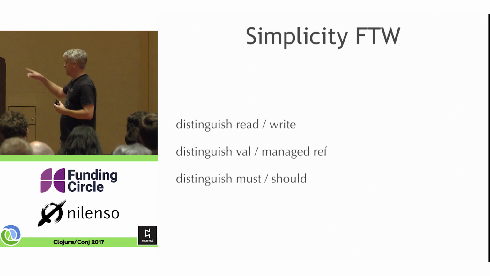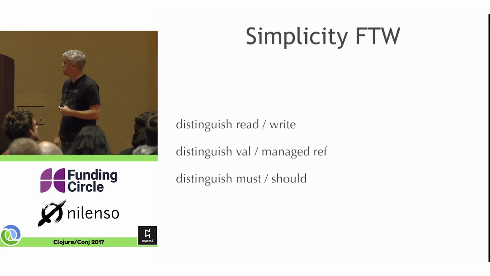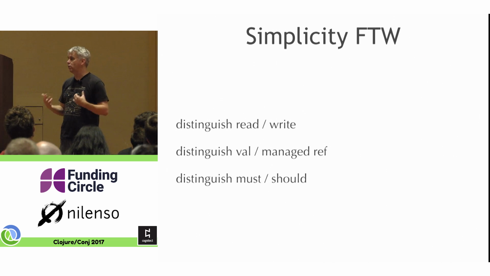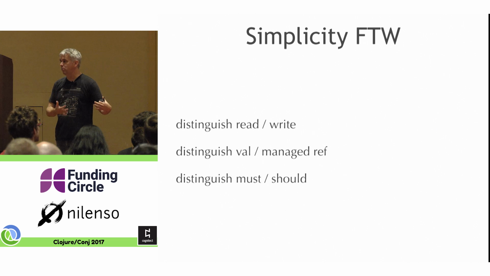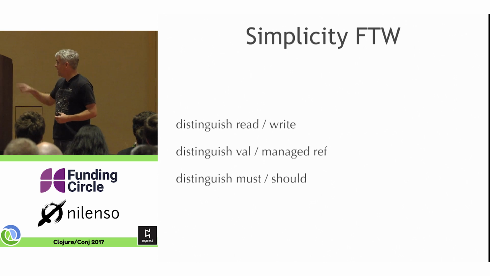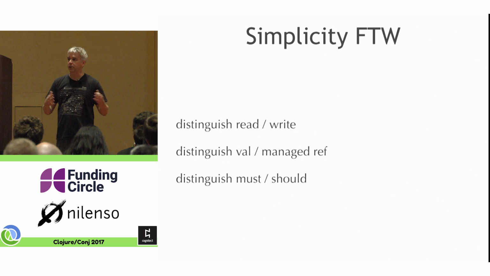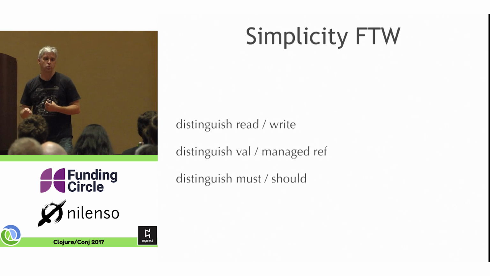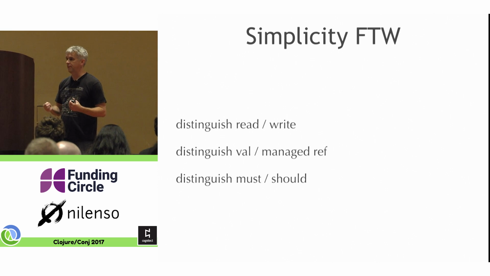We're going to distinguish, and this is the critical one, vals from managed refs. This is exactly the same distinction that Clojure makes, right? Vals are the immutable data structures. In Datomic, those are trees, just like they are in Clojure. And then the managed ref, what's an example of a managed ref type in Clojure? An atom or an agent, right? There's one managed ref type in Datomic, it's connection.